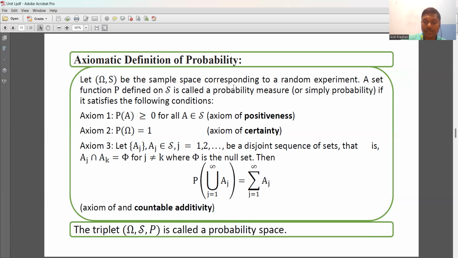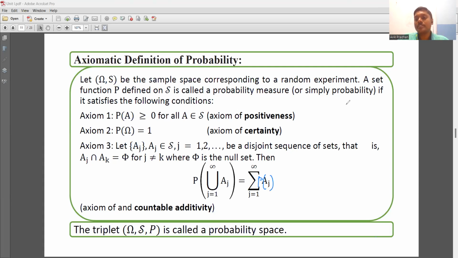Here there is a printing mistake; it must be probability of A_j. So I have a random experiment, and the sample space is omega, script S. Then a probability measure is a set function from the sample space to the real numbers, which satisfies three axioms.